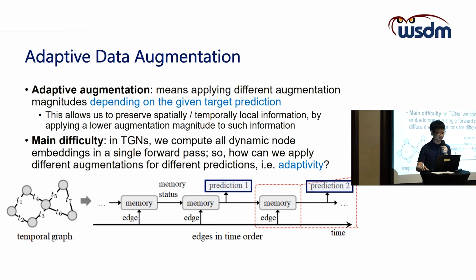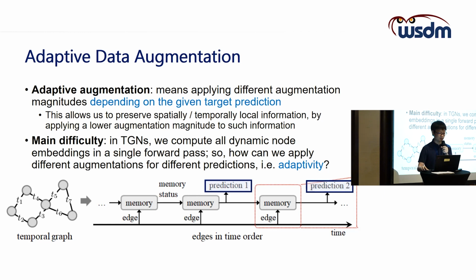If we go back to the example we just talked about, imagine that you are trying to make a prediction at this node over here, at the final time step, let's say at time greater than T7. Based on what we just talked about, we would like to preserve the spatially and temporally local information.